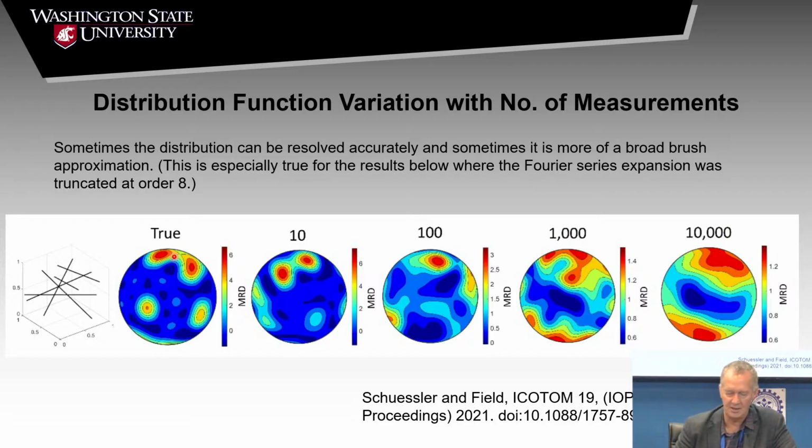So you can do that much easier. This is his true distribution. This is with 10,000 measurements. This is with 1,000. This he did all at a truncation order of 8 in the Fourier series expansion.